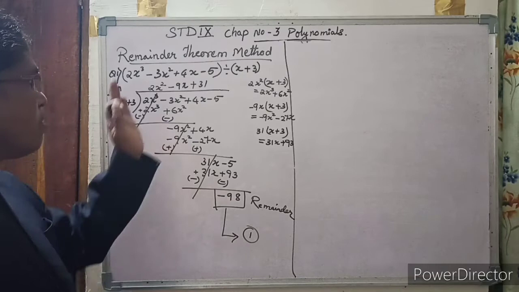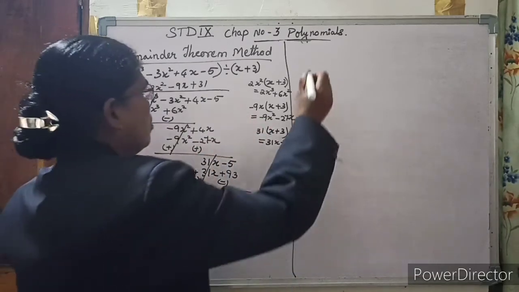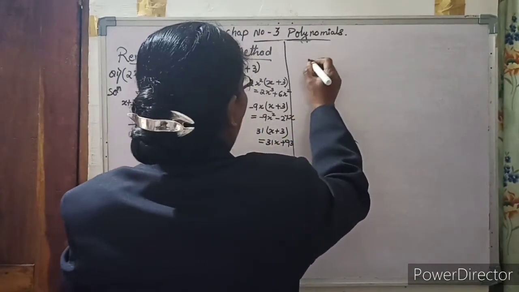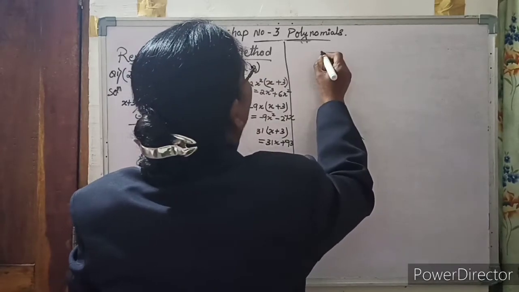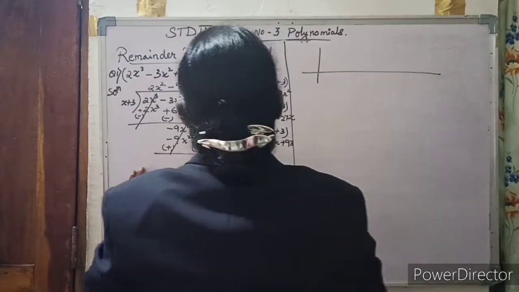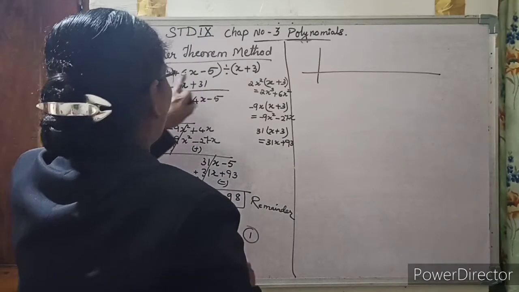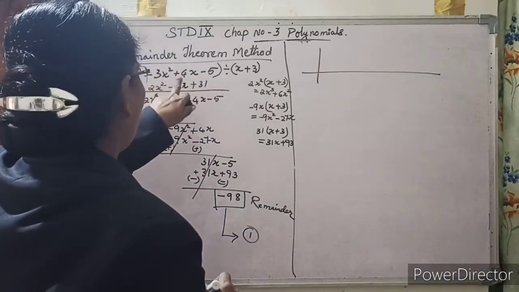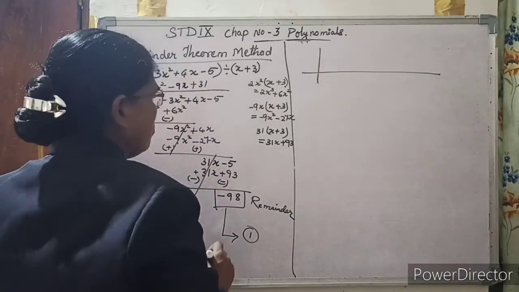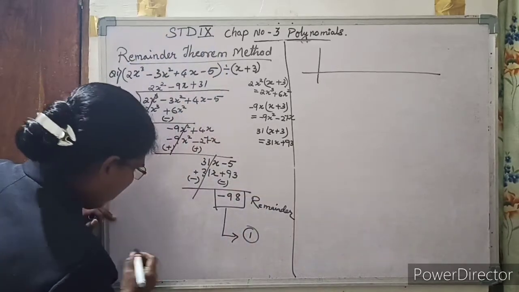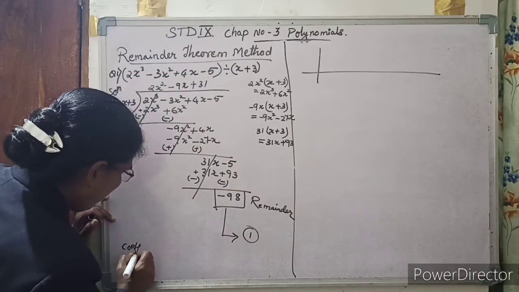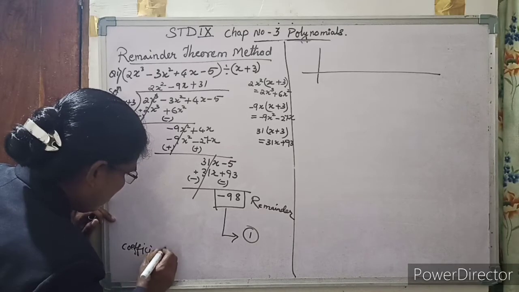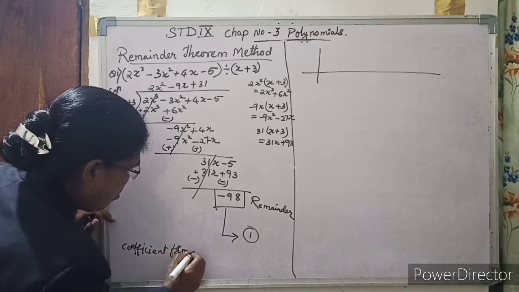Now this only we will see for synthetic division. For synthetic division I will have to directly take the coefficients of the dividend, the coefficient form of the dividend.